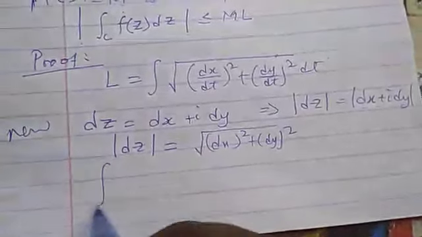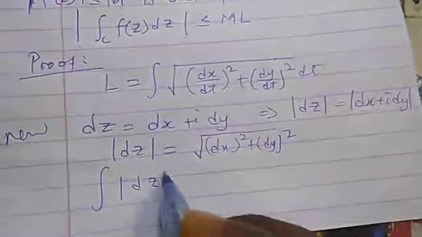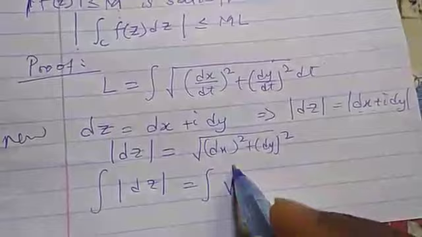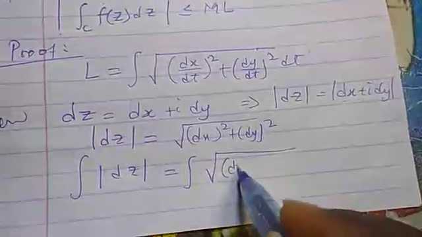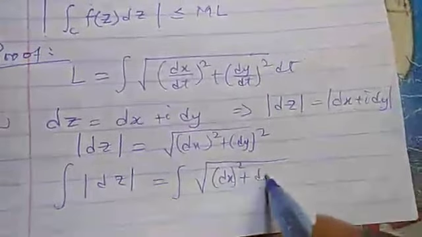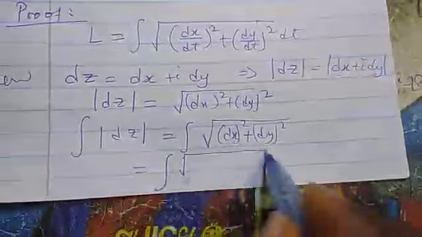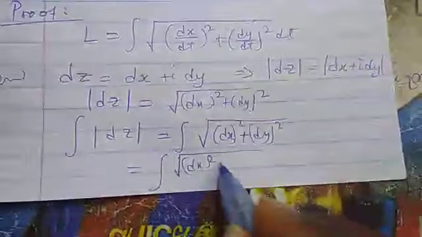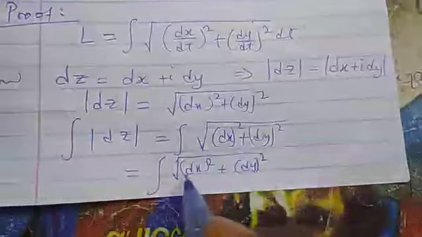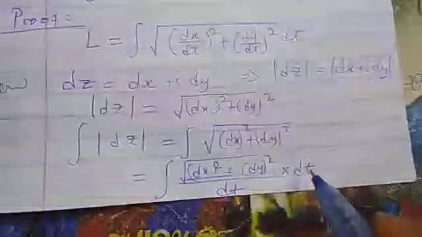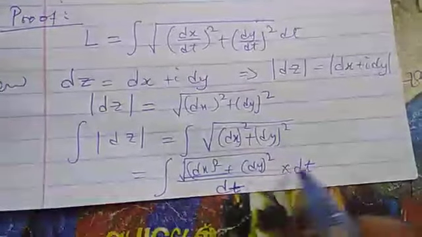Now let's integrate both sides. Integral of absolute value of dz will be equal to integral of square root of dx squared plus dy squared, which I can still write as square root of dx all squared plus dy all squared, all over dt, times dt. So if I cancel the dt, it will still be the same thing.